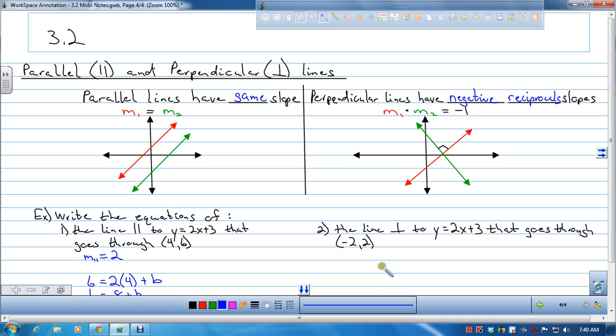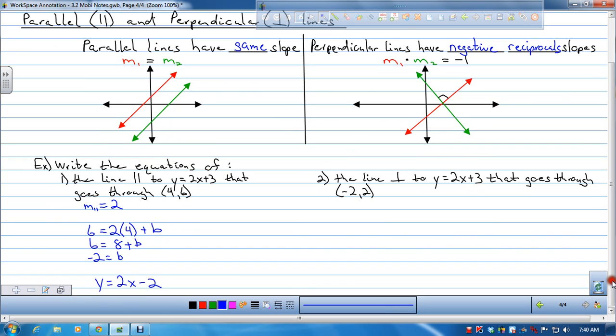Or if the slope of one line was 2/3, the slope of the perpendicular line would be -3/2. Okay? So you flip the fraction and you make it negative in order to get the slope of a perpendicular line.